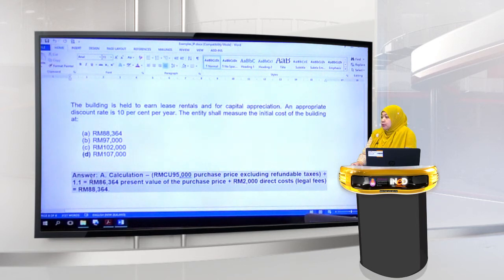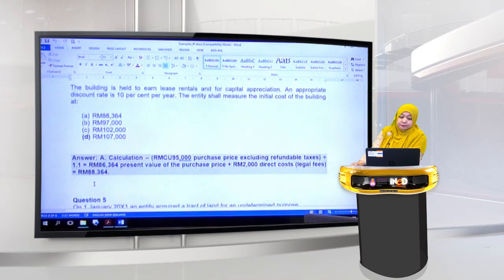This 1.1 is derived from the discount rate. So you have a present value of 86,364, the present value of the purchase price, plus 2,000 direct costs. So the total cost of this investment property is 88,364.